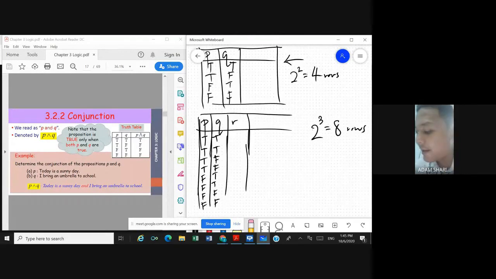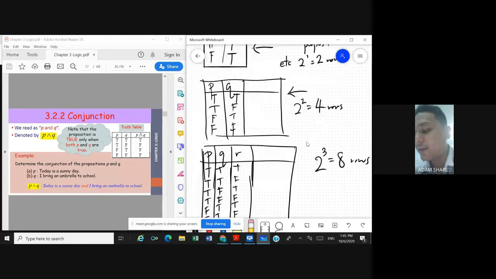And R, very easy, T, F. Very easy. All right. So we have 8 rows, regardless of the operation.